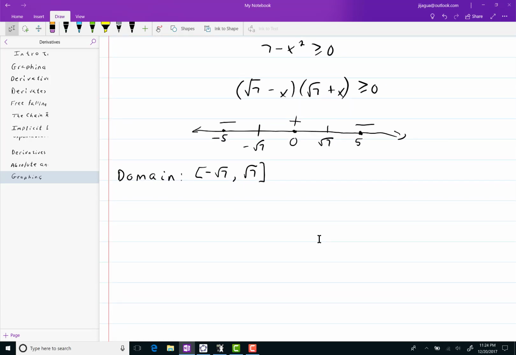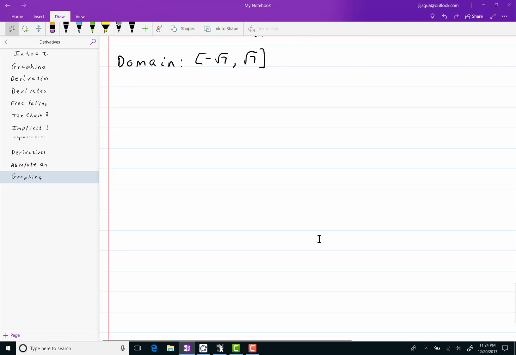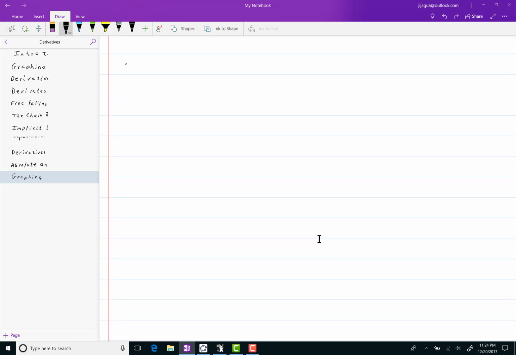Moving on. The critical numbers. Those are the places where, if you'll recall, the derivative is either equal to 0 or the derivative does not exist.